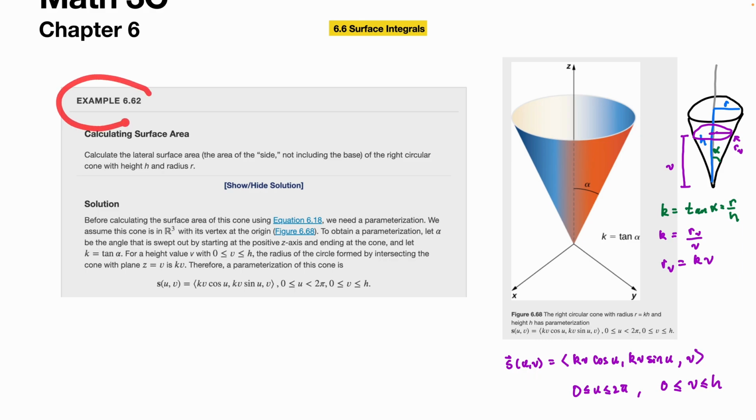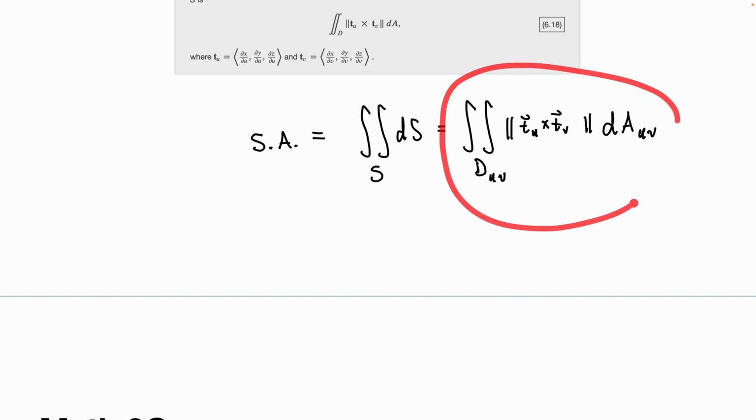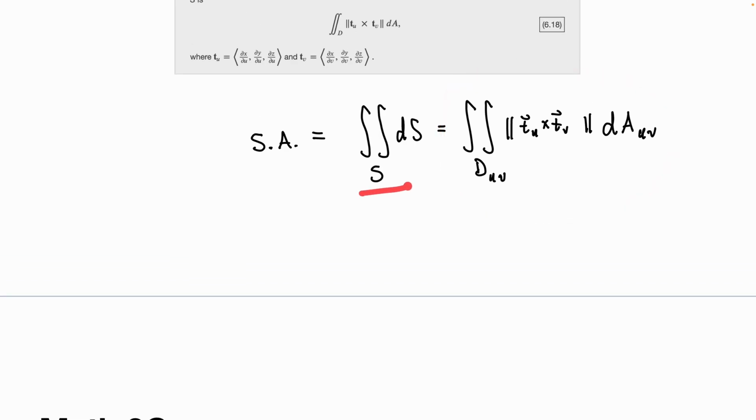And in this example, what we're doing is finding the surface area of the cone. The cone is a surface, and we want to do calculus to find its area, so we want to compute this surface integral. Here's the formal quantity, and what we have done is find a parameterization introducing a U and V, specifying a domain.